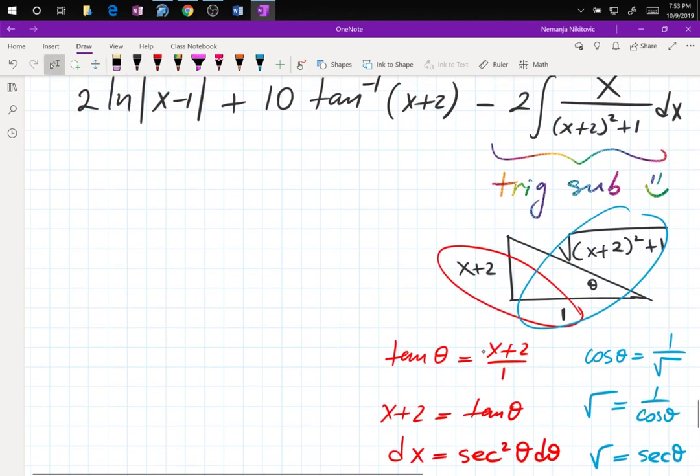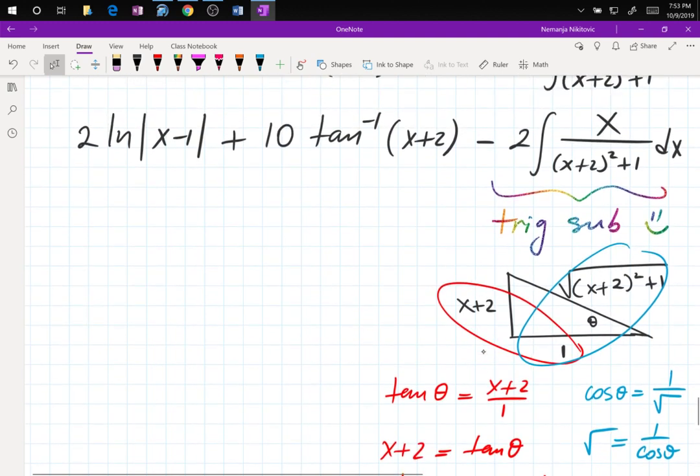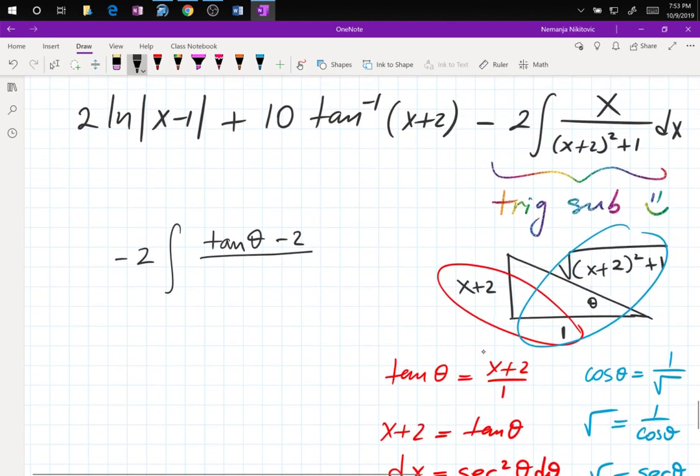So my integral now becomes minus 2 integral of, instead of x, tangent theta minus 2, divided by secant squared theta, everything d theta.